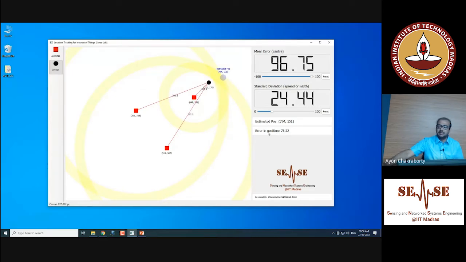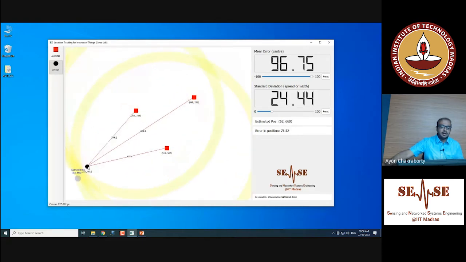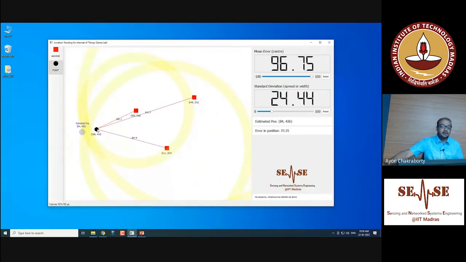There is an estimated position and there is an error in position. It keeps on changing based on the true location of the node. Sometimes it is close. In this case, where it is perfectly inside these three anchors, it is close. We don't have a huge error. When we go far, or go outside, the error increases.